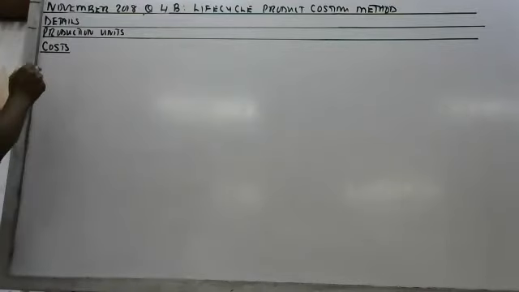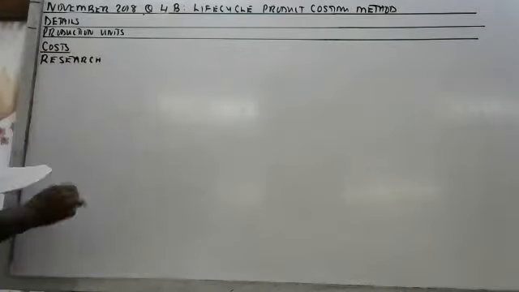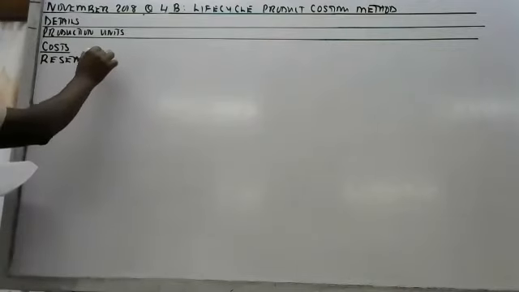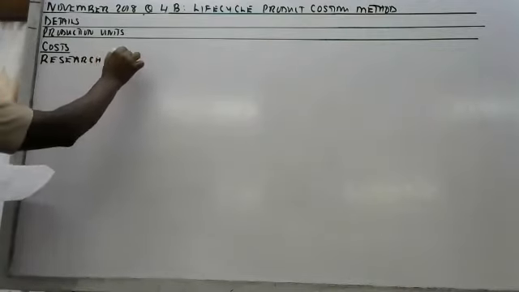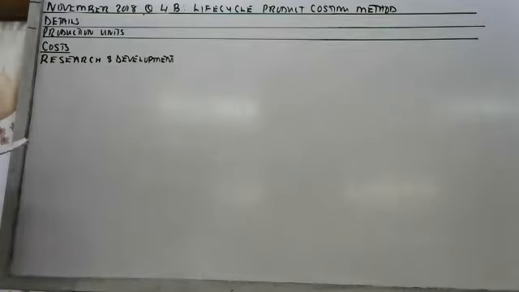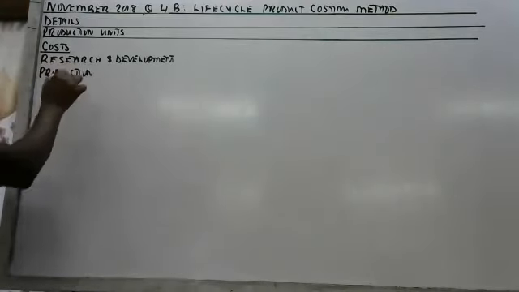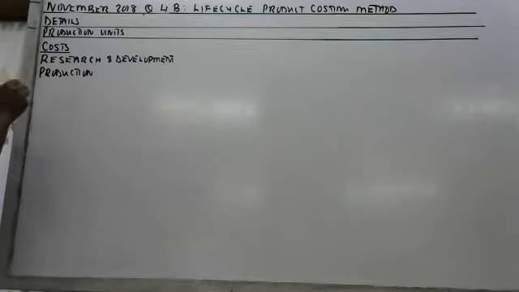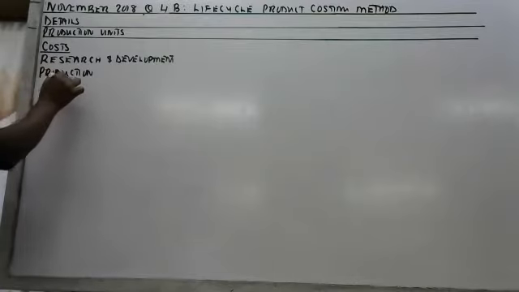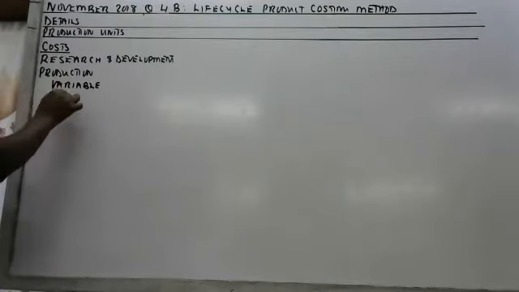The first cost that we can see is research and development. Then we have production. And this production, we have the variable one, and then we also have the fixed one.